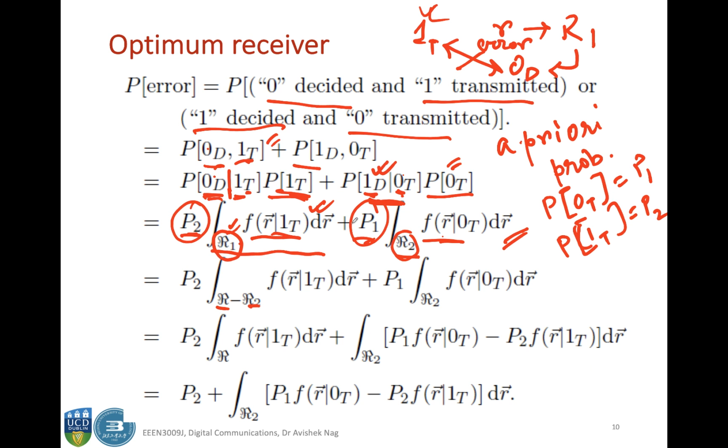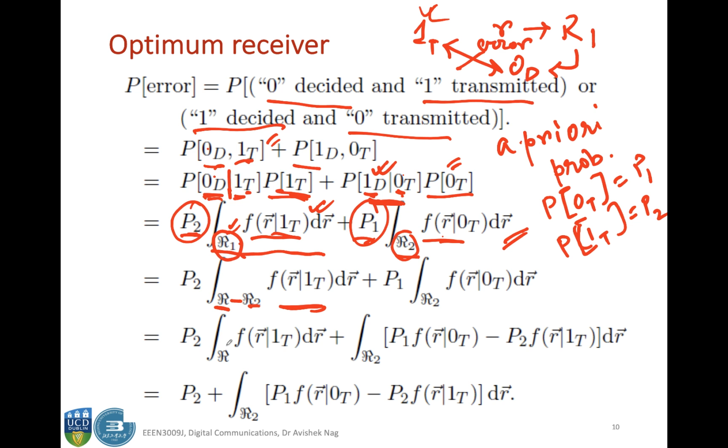So you can write the set R1 as the total observation set R minus the observation set R2. So this integral can be further split into the same integral over R minus the same integral over R2.